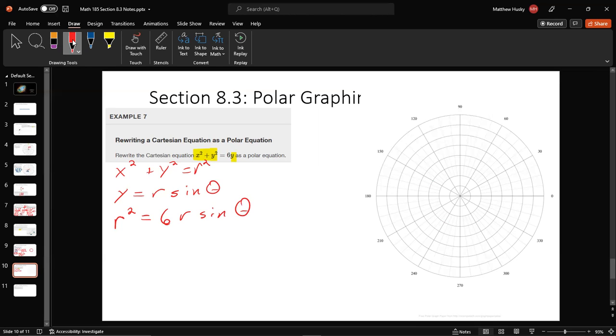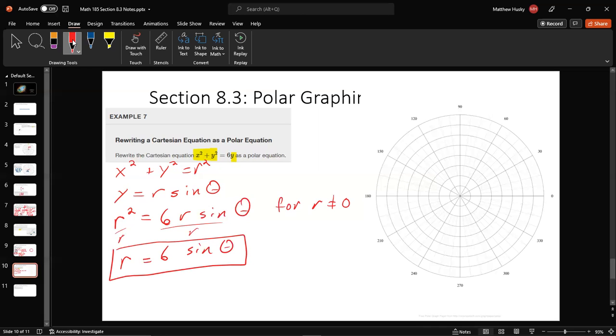You can divide by r on both sides if you assume that r is not equal to 0. This is basically saying that r is equal to 6 sine of theta, which would be the equivalent version of that equation.